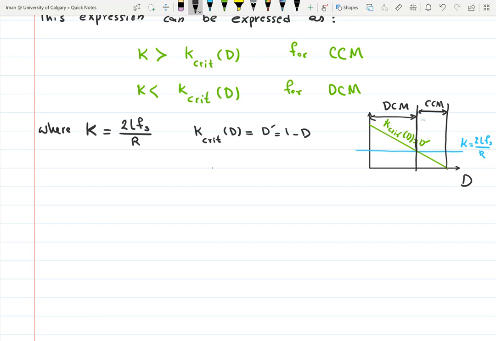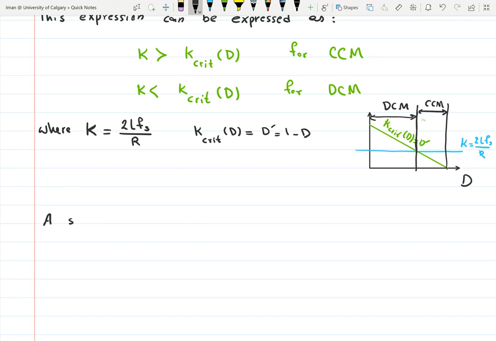Why did we do it as K and K critical here? Because this can be expanded to also other converters that use the same K but different K criticals. So a similar mode boundary analysis can be applied there as well.